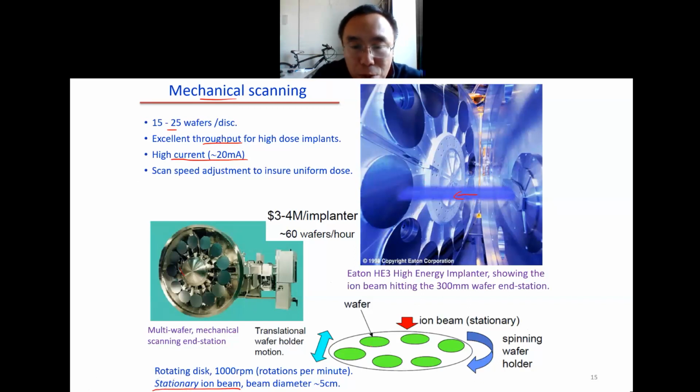But the wafers scan. We do the rotation, and also the translational wafer movement. If the rotation and translational movement are well designed, we get uniform doping across all the wafers. But this one is very expensive. It can do 60 wafers per hour.